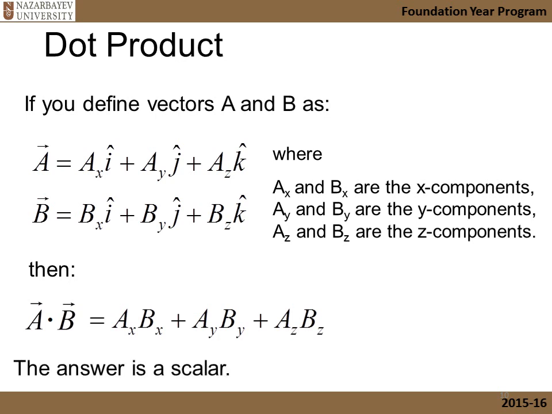And of course, when we multiply the coefficients of i, j, and k, we obtain a number, so our answer will be a scalar.